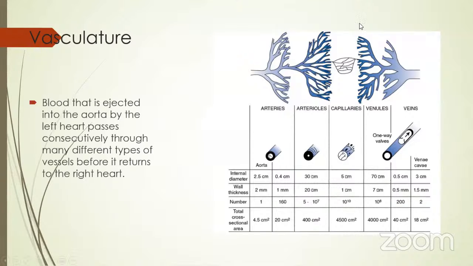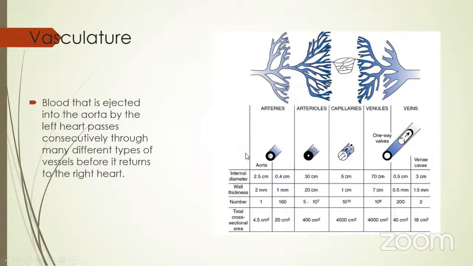So, starting from the aorta to the arteries, then arterioles, then capillaries, venules, and veins. Each one of those has its own differences.